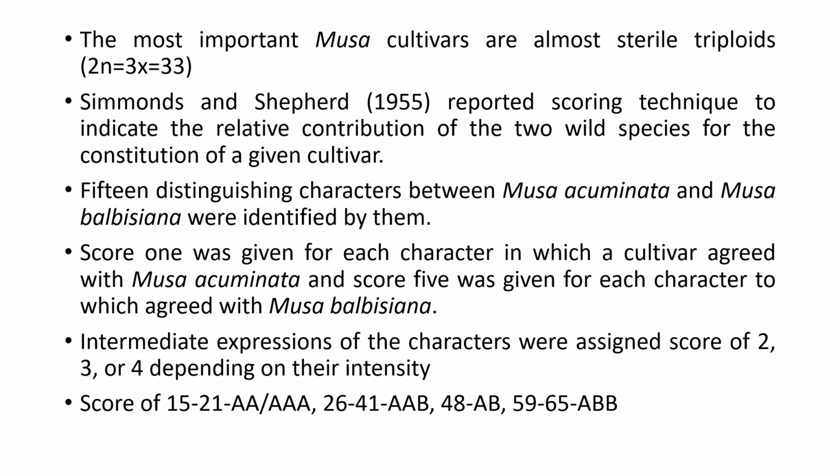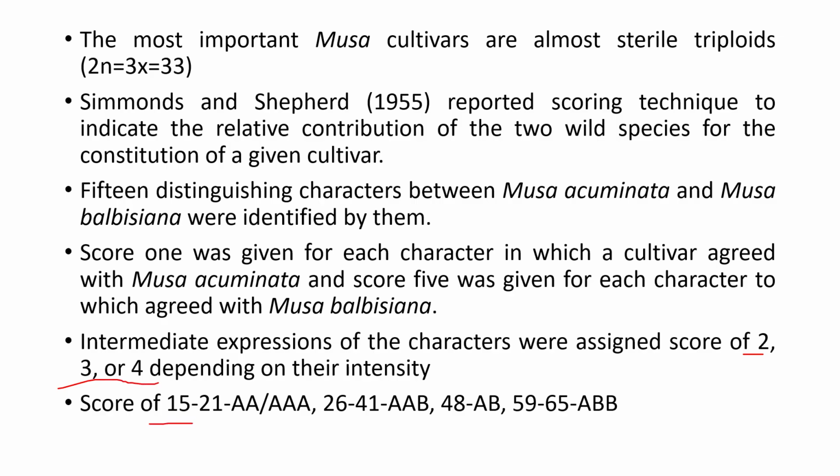They made 15 distinguishing characters between acuminata and balbisiana. If a character is close to Musa acuminata, a score of 1 will be given, and if close to balbisiana, a score of 5 will be given, and intermediate expressions will be given scores of 2, 3 or 4 depending on their intensity.